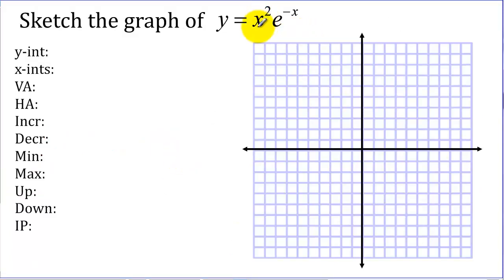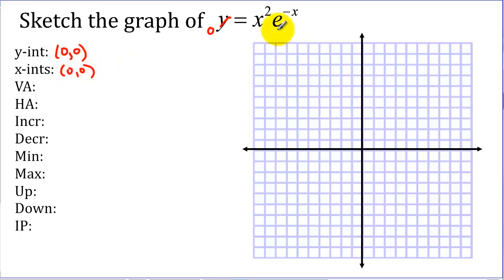If we plug 0 in for these x's to find our y-intercepts, I get 0 times 1, so we get 0, 0. If we set y equal to 0 here and solve, x squared would be 0, so we have the point 0, 0.